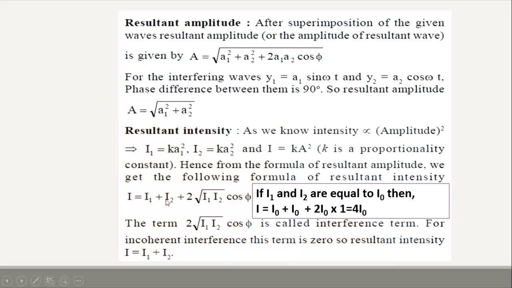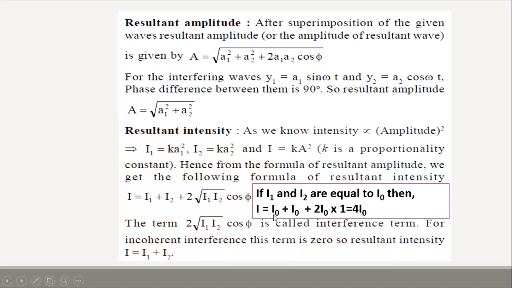So what happens if I1 and I2 are the intensities of two waves, but the intensity of both waves is the same, that is, both waves have an intensity I0, and the phase difference is 0? In that case cos 0 becomes 1. Then we can write this equation like this: I is equal to I naught.